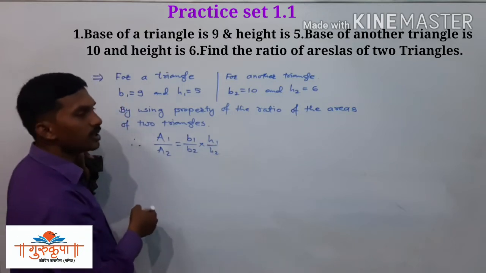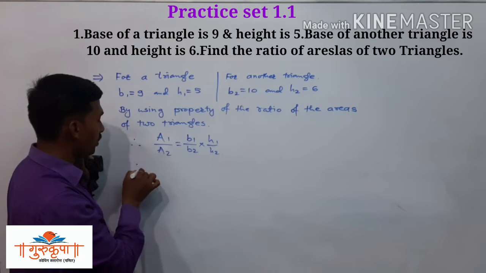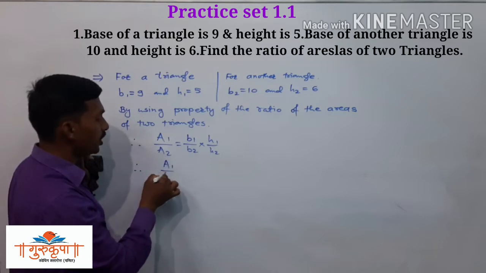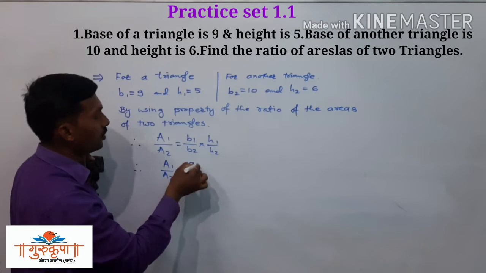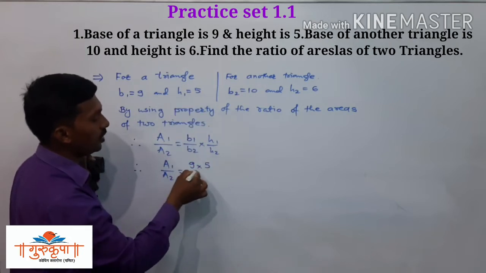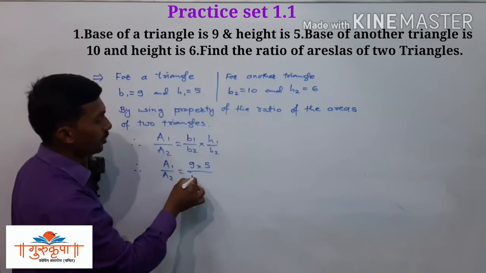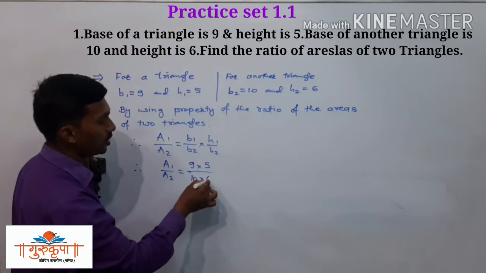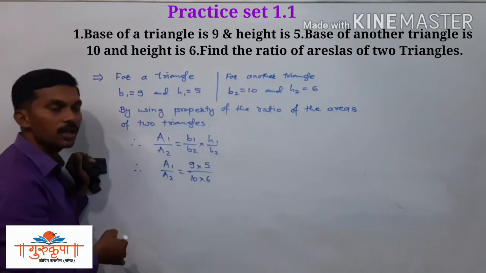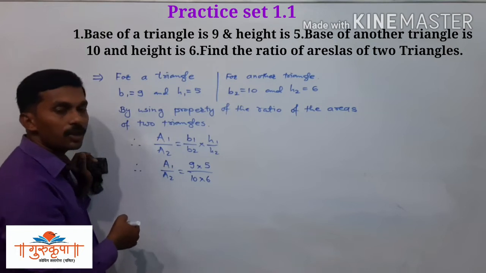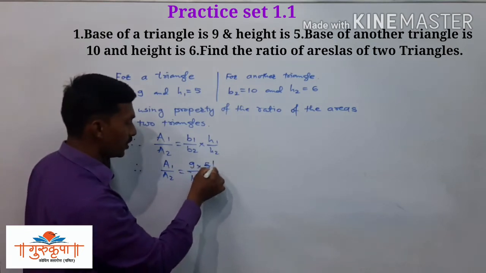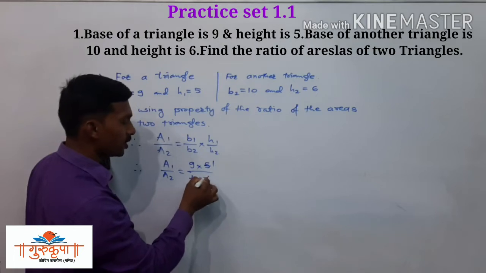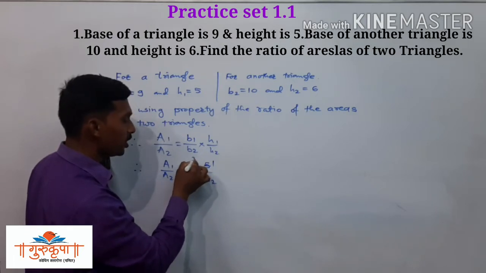Now put the values there and get the value of A1 upon A2, that is the ratio of the areas of two triangles. Here we have B1 9 multiplied by H1 5 divided by B2 10 multiplied by H2 6. Now simplify this. See, 5 1s are 5, 5 2s are 10, 3 2s are 6 and 3 3s are 9.